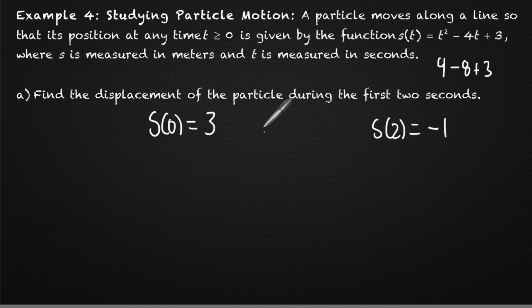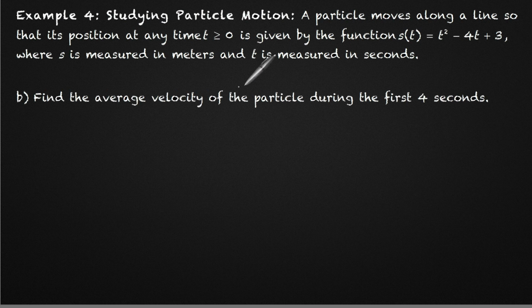So the total displacement would be 4 units. Actually, we could say 4 meters. And I guess you could say negative, but essentially it moved 4 meters.